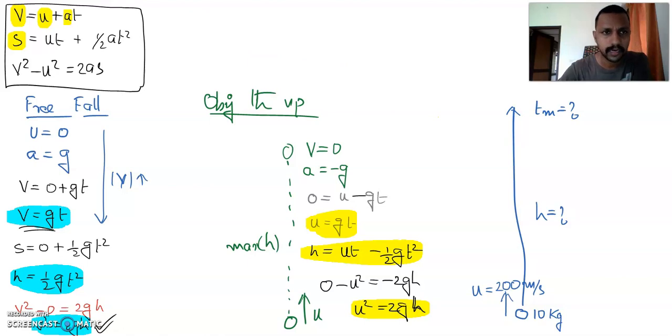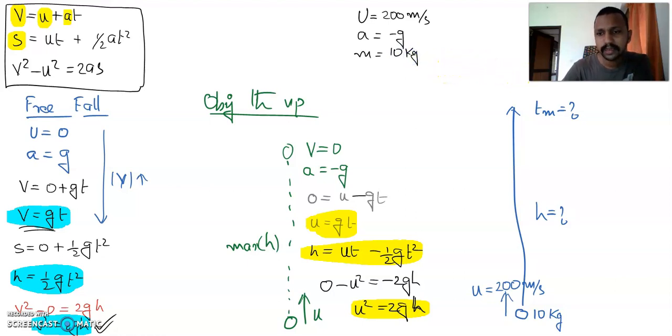In order to find that out, we will have to use the equations like this, and let's see what all things are given. It is given u is 200 meter per second. A can be taken as minus g. The mass is 10 kilogram.